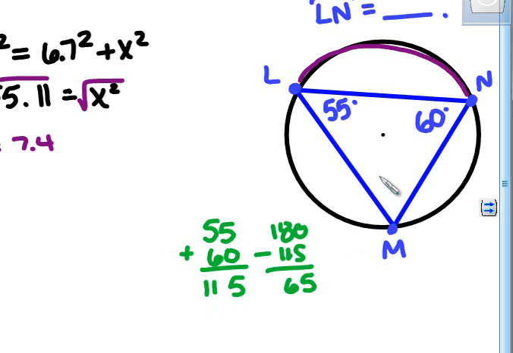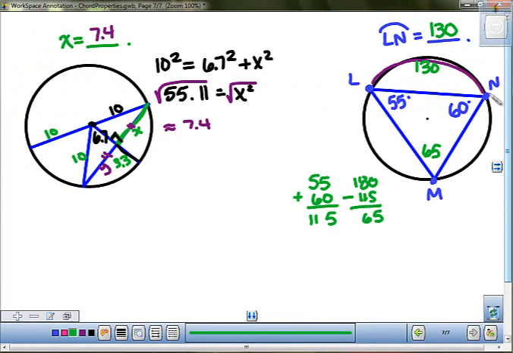That leaves you with a 65-degree angle. And we know that inscribed angles are half of the intercepted arc. So this arc LN must be twice 65, which would be 130. So those are just a couple of ways you could use those chord conjectures.